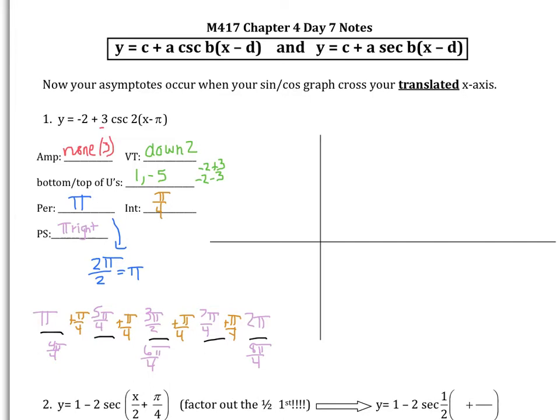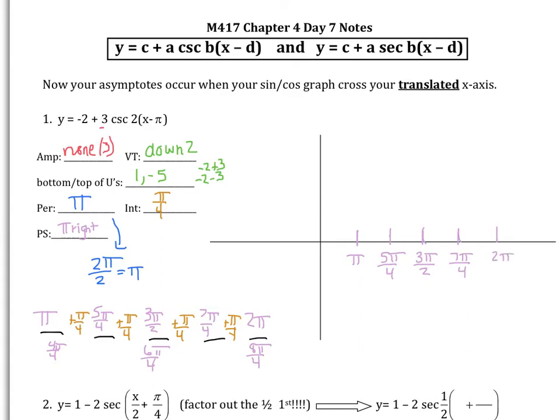Alright, I'm going to go ahead and put these points on my x-axis. Okay, and go ahead and label pi, 5 pi over 4, 3 pi over 2, 7 pi over 4, and 2 pi.